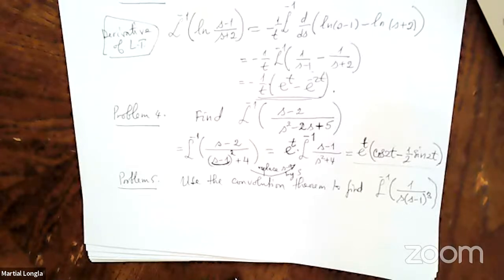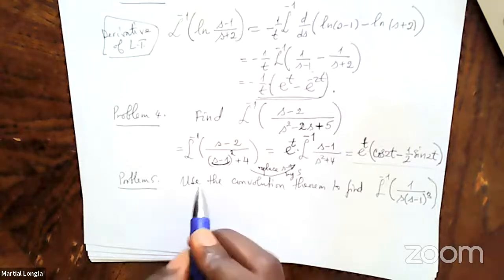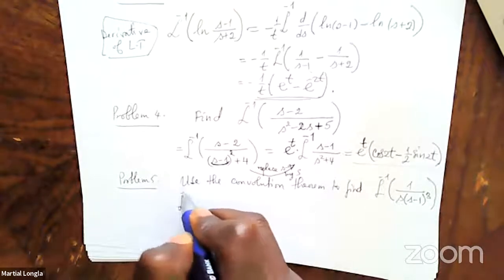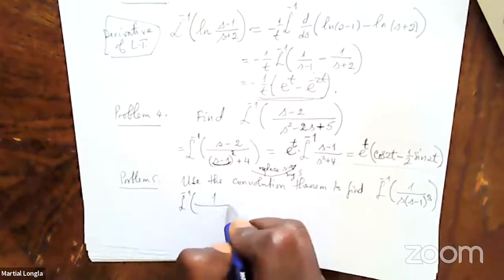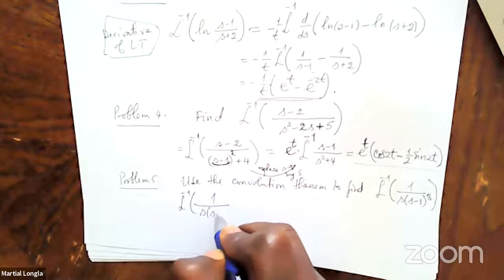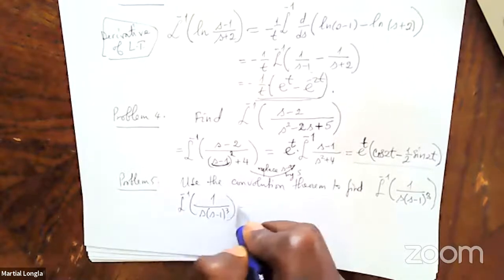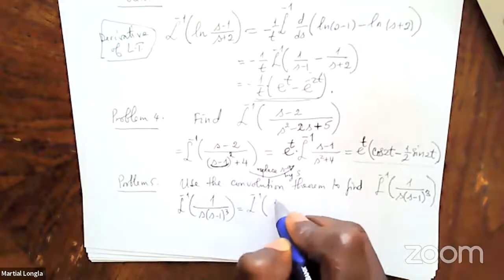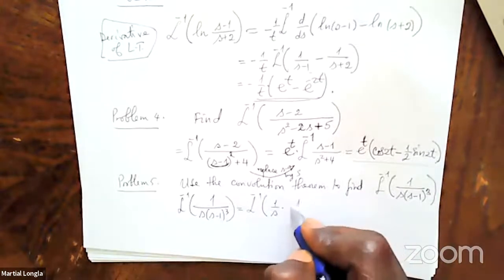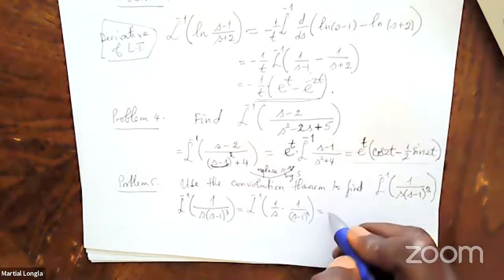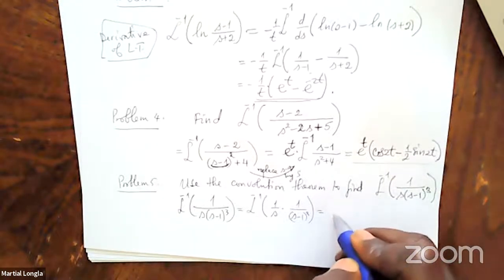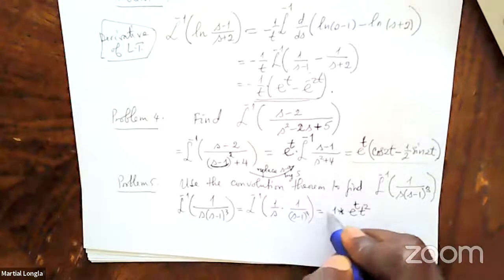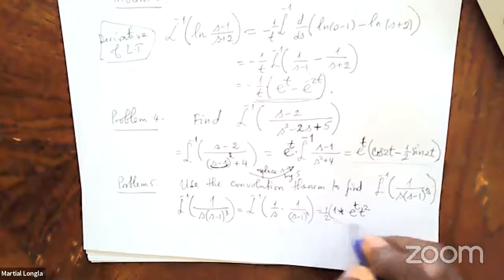Preston, yeah, so you'd break it up to 1 over s and 1 over s minus 1 cubed. Thank you, that's exactly what needs to be done. So this is the Laplace transform of 1 over s times 1 over s minus 1 cubed. And I always say take the constant back in front.